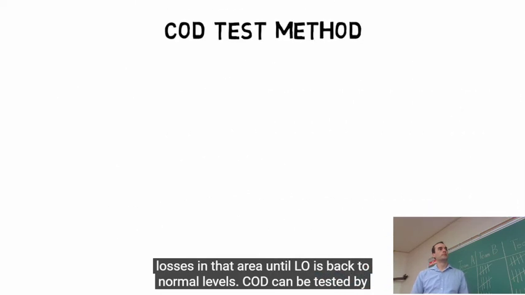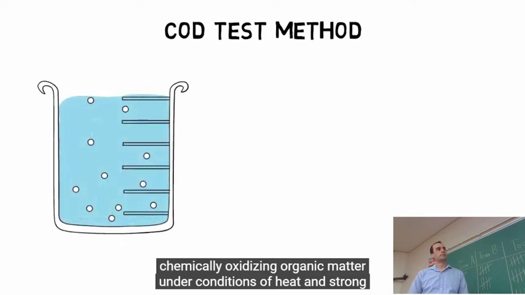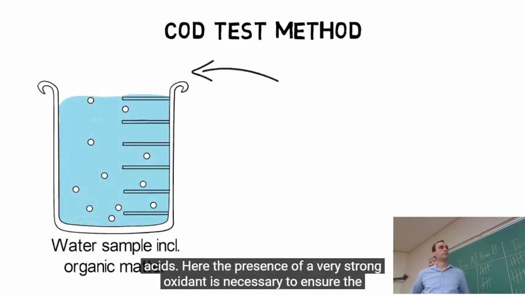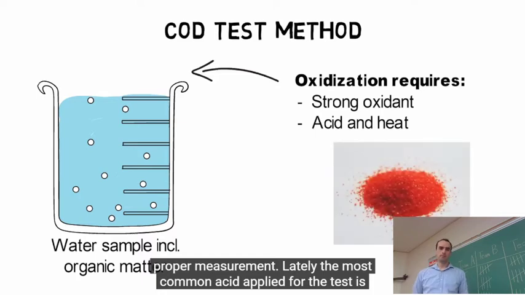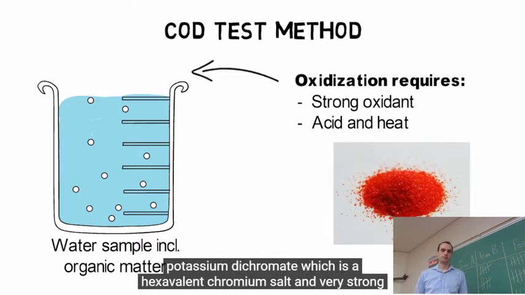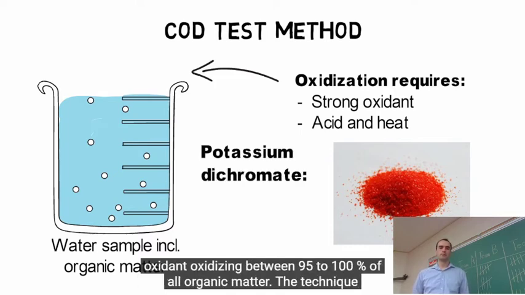COD can be tested by chemically oxidizing organic matter under conditions of heat and strong acids. Here, the presence of a very strong oxidant is necessary to ensure the proper measurement. Lately, the most common oxidant applied for the test is potassium dichromate, which is a hexavalent chromium salt and very strong oxidant, oxidizing between 95 to 100% of all organic matter.